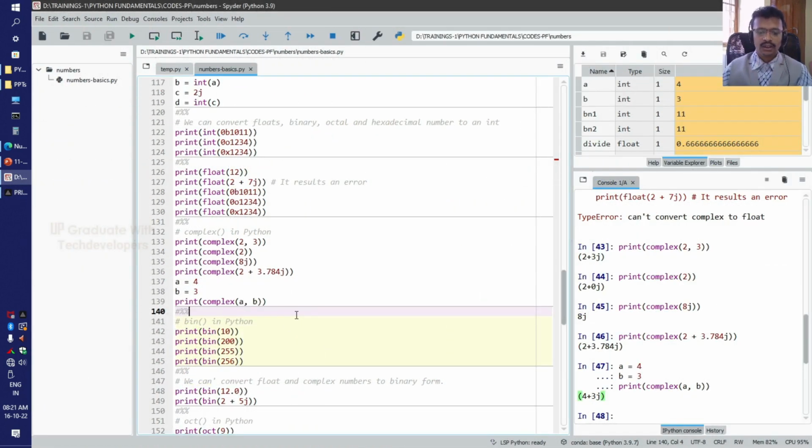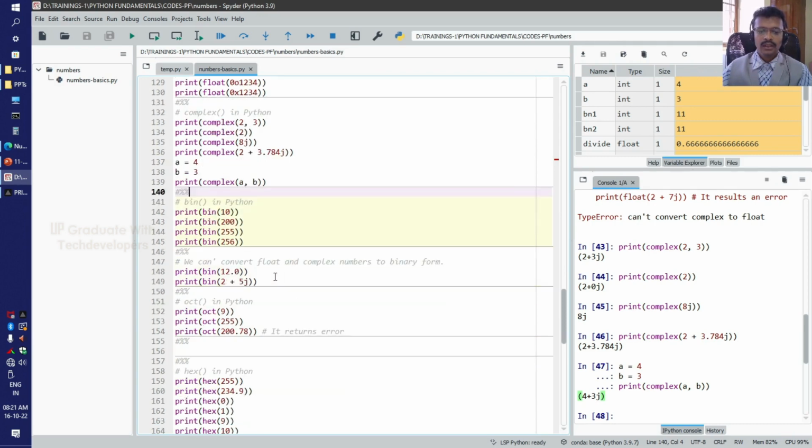Hi, let us continue. We can create binary numbers using the binary function, that is bin. Here I am creating the binary number for the integer values 10, 200, 255 and 256. Let us see what happens.